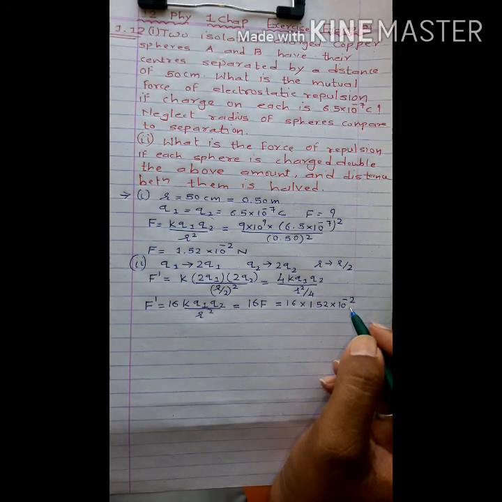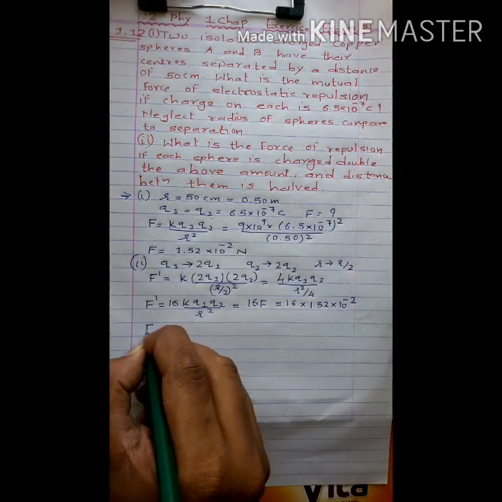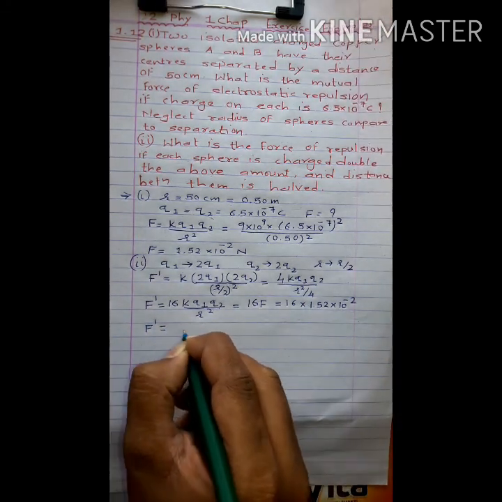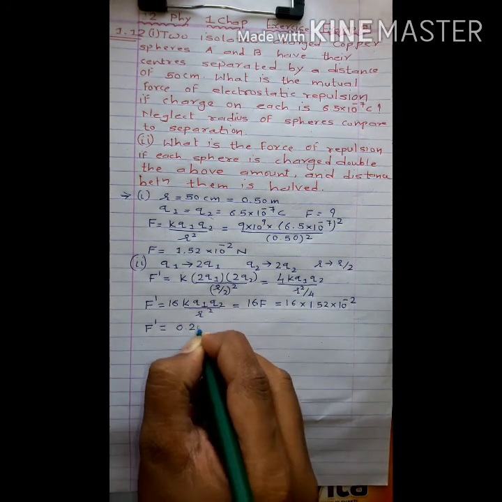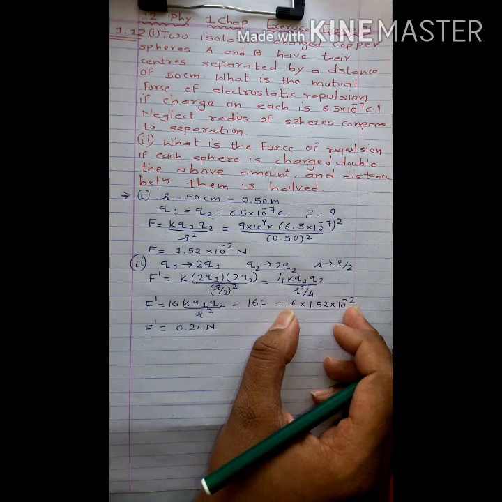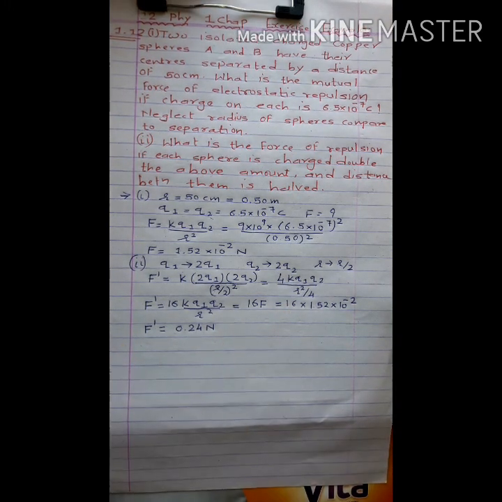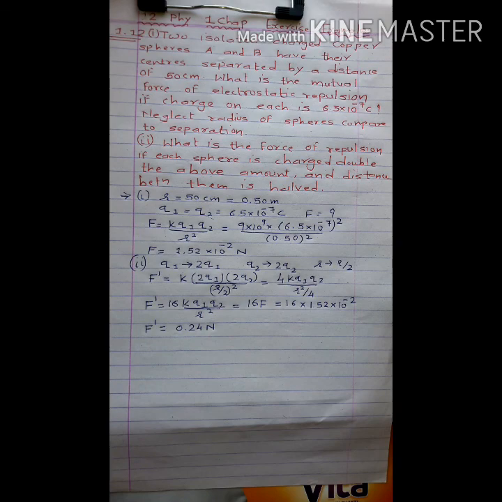Now try to find your final answer. So our final answer is, the new force F dash is equal to 0.24 Newton. So the new force between the two copper spheres is 0.24 Newton.